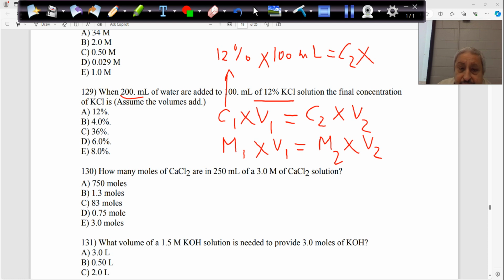Let me take this one here out so you can see. So what will be the V2? Come on, guys. 100? No. 200? No. 300. 300 what? Now it's clicking.